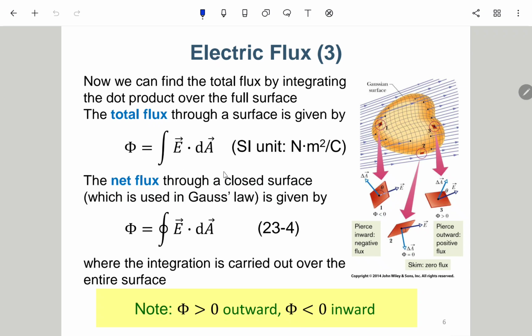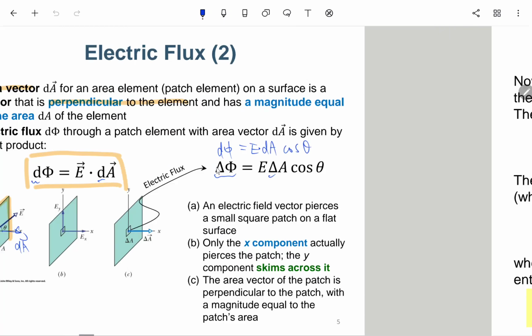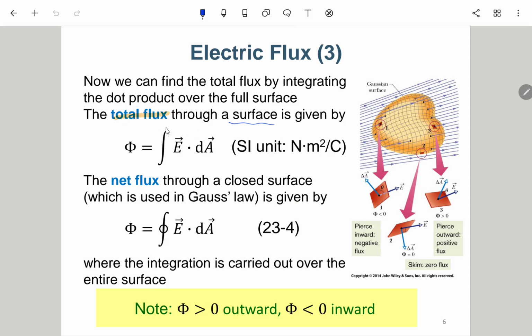This is the total flux. It can be defined for any arbitrary surface. We take the many small d phi equals E dot dA from before. Originally it is a very large surface, even a large curved surface, so we cut it into many small pieces, and for each piece we can calculate this dot product. Finally we add them up as an integral, and write it like this. So the total flux is the sum of many small fluxes through the small patches, and we add them together using the integral, so that it can be written as a surface integral like this.